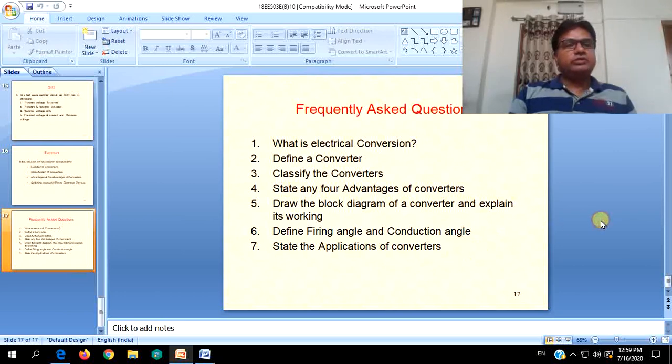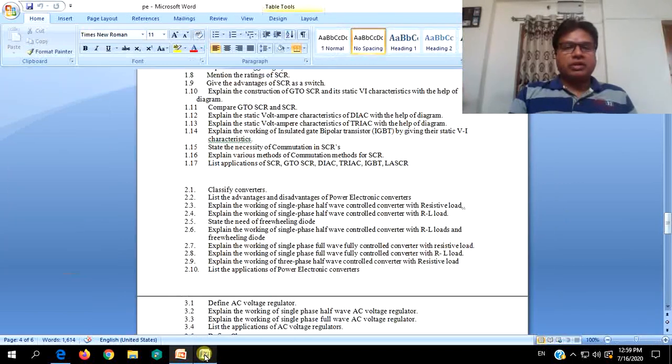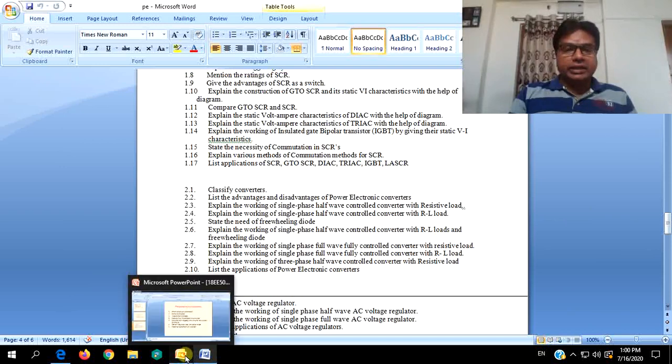These are the things we have discussed regarding converters in this unit: classification, advantages and disadvantages of power electronic converters. In the next session we will discuss how half wave rectification or half wave conversion takes place with SCRs when the load is resistive and also when the load is inductive.